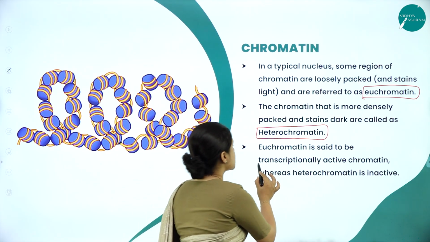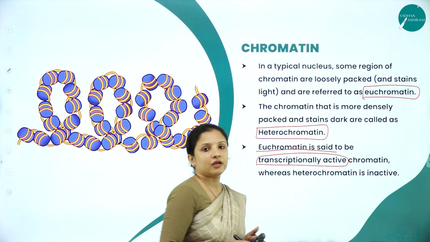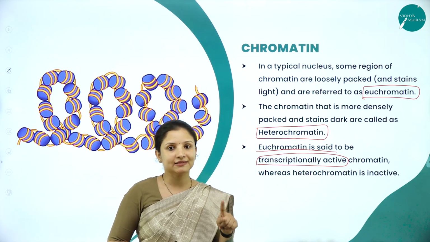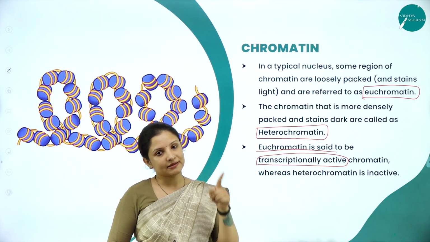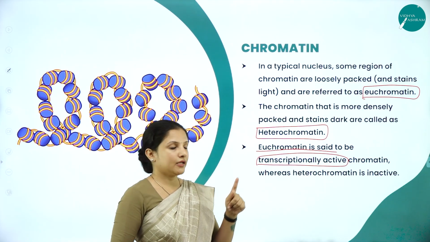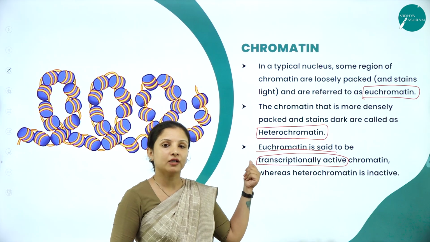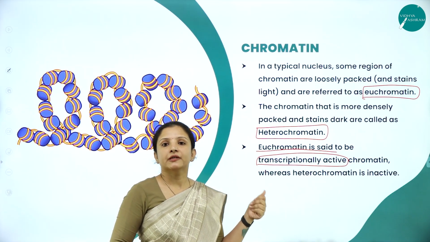And euchromatin is said to be transcriptionally active. Which is transcriptionally active? Euchromatin. This is very important for MCQ. If the DNA has to be transcriptionally active, meaning if the DNA has to be transcribed into mRNA, then it should be euchromatin. The DNA should be packed loosely around the histone.